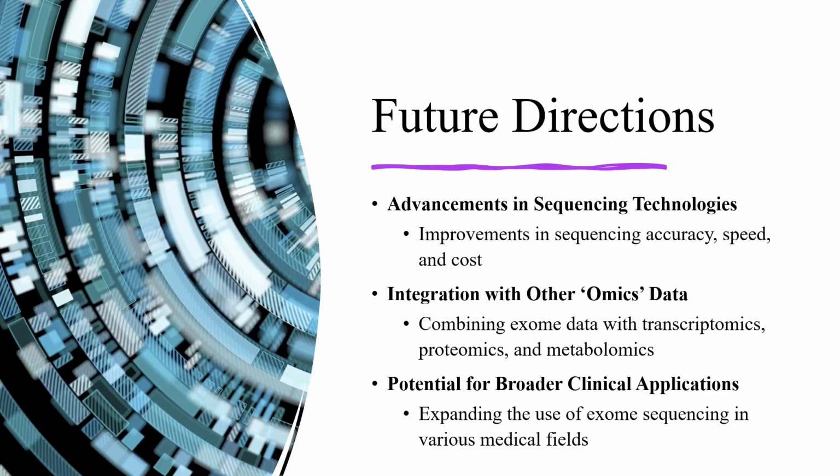Future directions include that we can improve the sequencing technologies to overcome the coverage gap issues, and then we may integrate this technique with other omic techniques like transcriptomics, proteomics, and metabolomics to find out the expression of those genes at the protein level and the metabolome level as well, to find out the functional effects of that specific mutation.